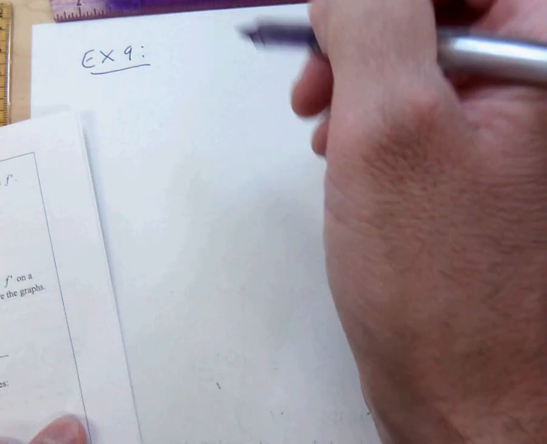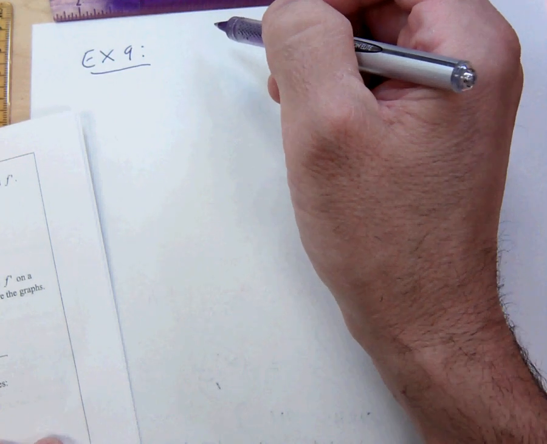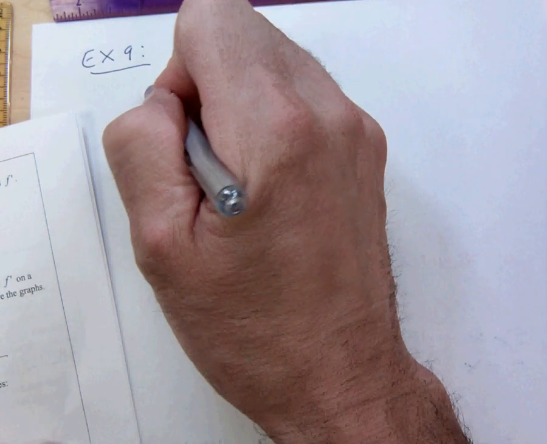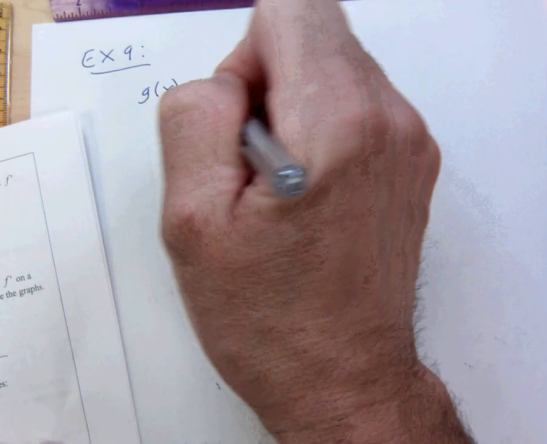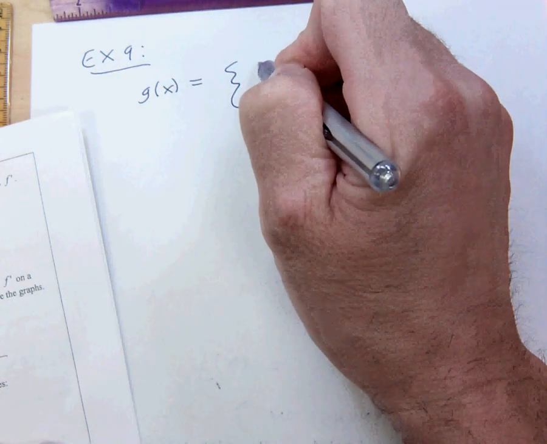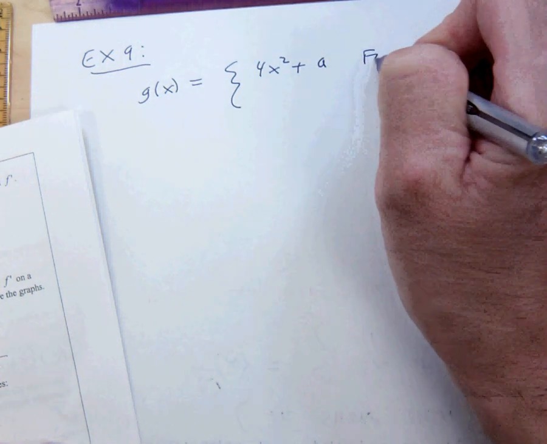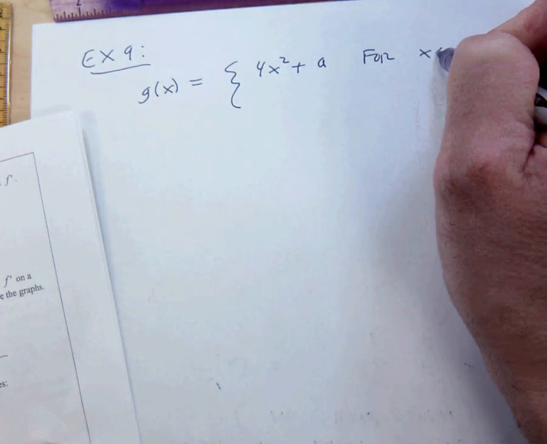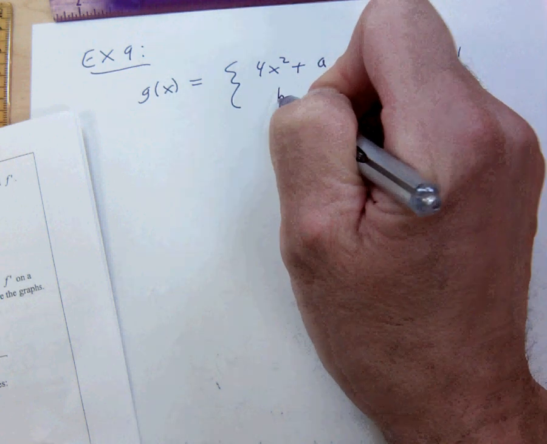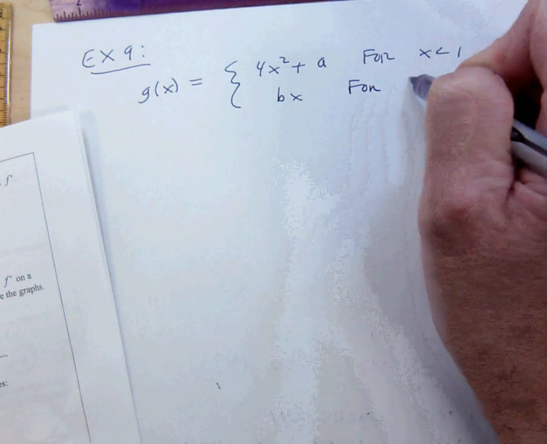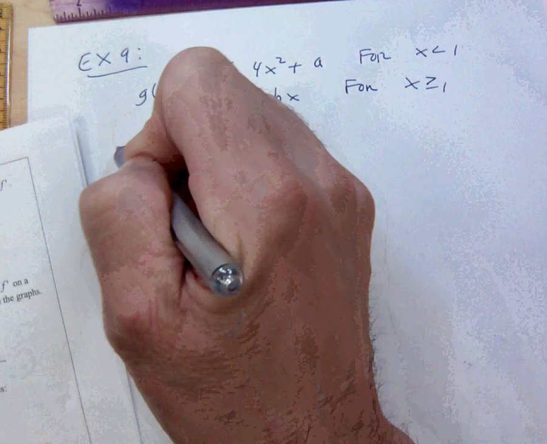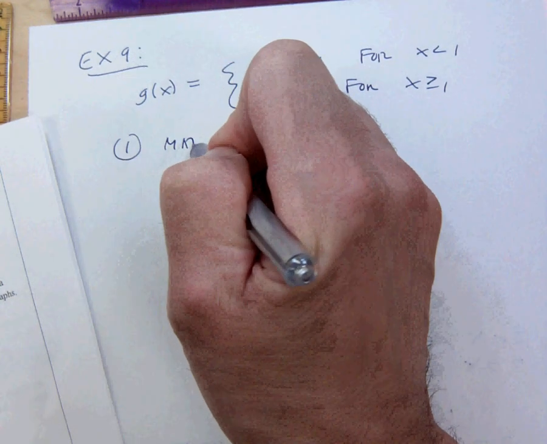All right, so I want to find the value of a and b that will make g differentiable. Okay, well again, before we can talk about making it differentiable, we first have to make it continuous. So that's the first step. So step 1 is to make it continuous.